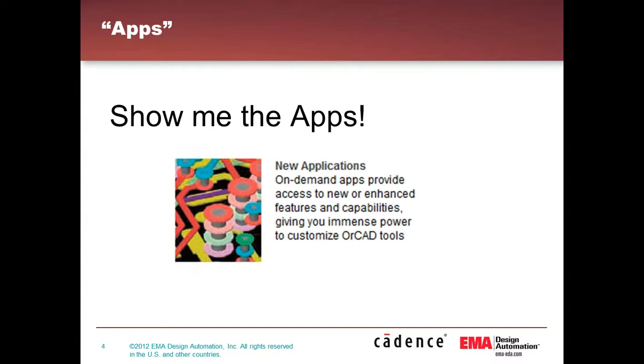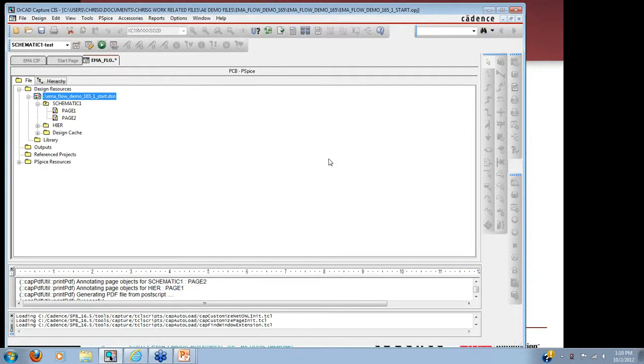We'll just go into Capture CIS here. One of the options for launching Tickle applications from the Capture interface is via the Tickle TK Applications dashboard that is available within OrCAD Capture. Accessing your downloaded apps inside Capture typically requires you to have an open project with the design file or one of the pages contained within the design selected.